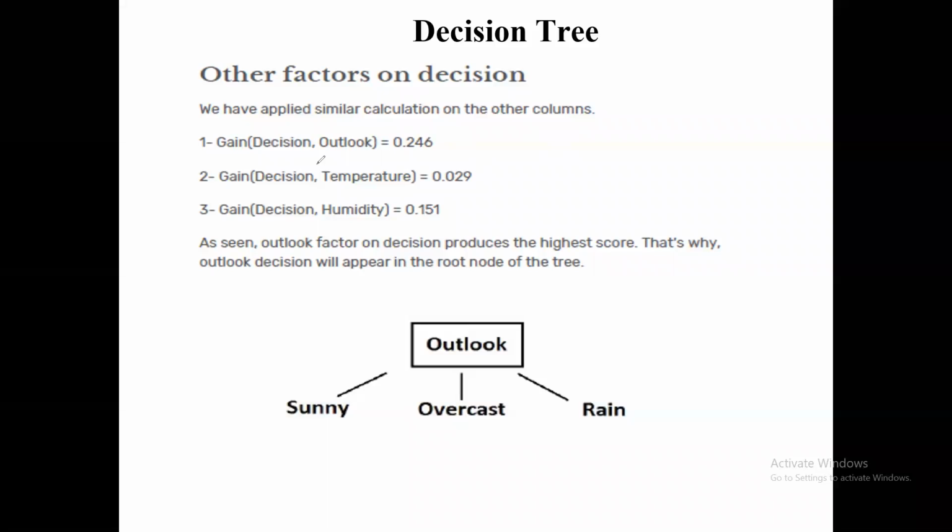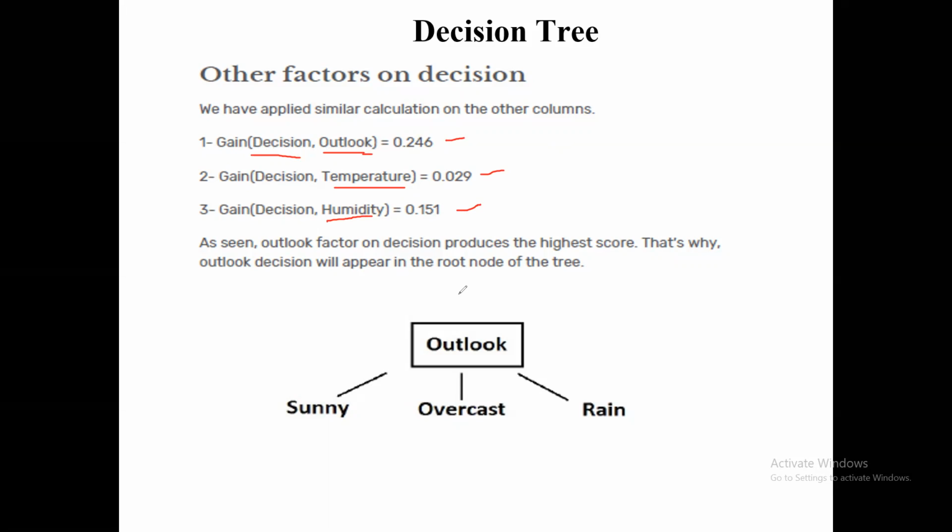Similarly, we also find out the gain of decision due to the outlook attribute, the temperature attribute, and the humidity attribute, and find out the gain values for each of them. We can observe that out of the 4 attributes, the information gain for outlook is the highest, which is 0.246.